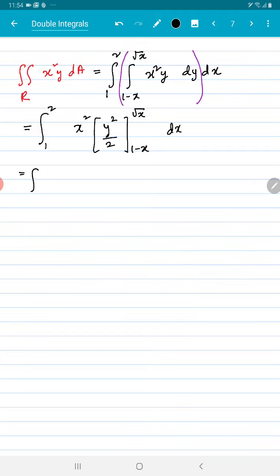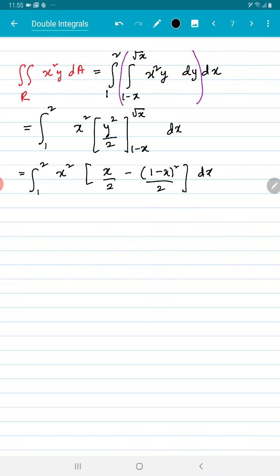Replacing y with the upper limit, we have square root of x, squared, which gives x, over 2, and minus, replacing y with the lower limit 1 minus x, we have that squared over 2.